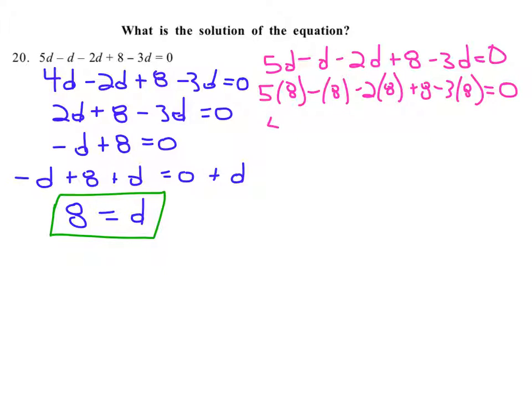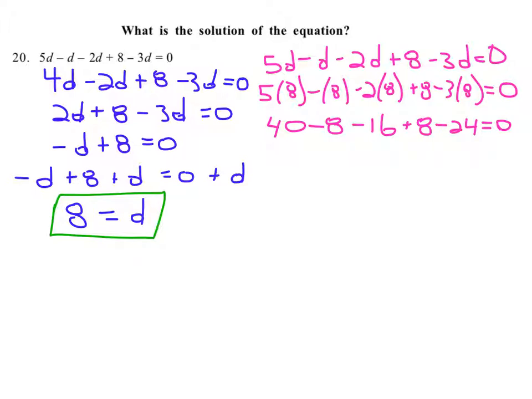So 5 times 8 is 40, minus 8, minus 2 times 8 is 16, plus 8, minus 3 times 8 is 24, equals 0.